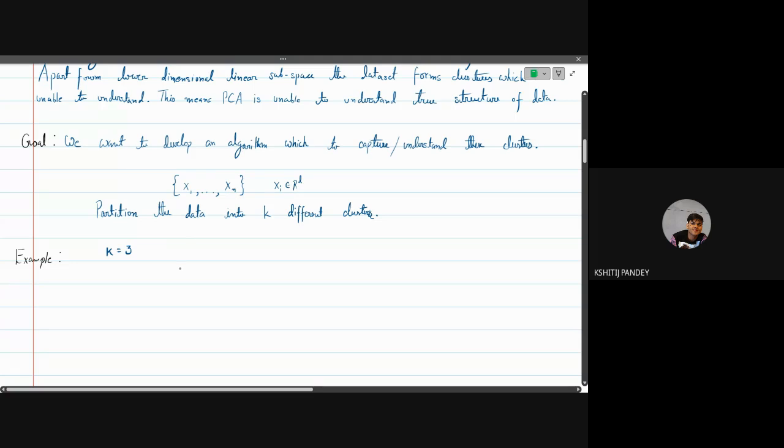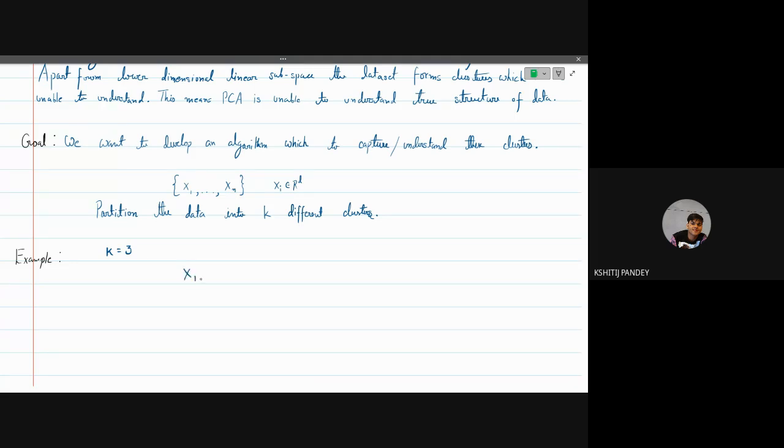For k equal to 3, one possible clustering is you have x1, x2, x3 in one cluster, then x5 in another cluster, and x4 in the other cluster.